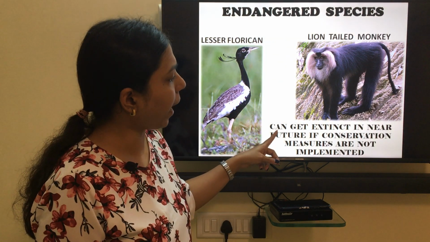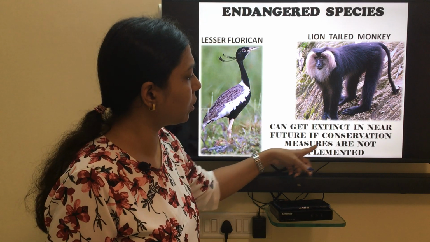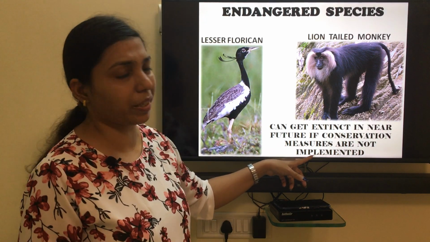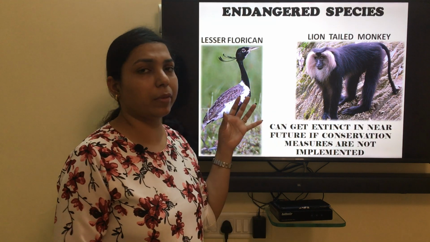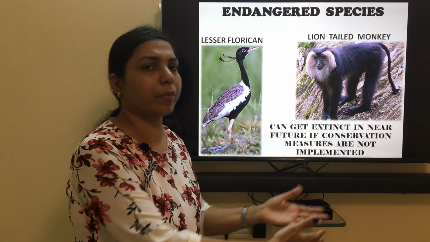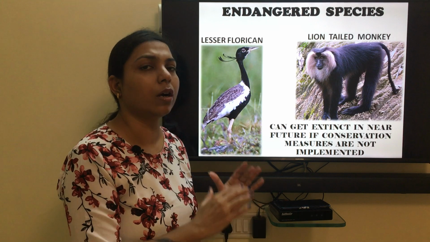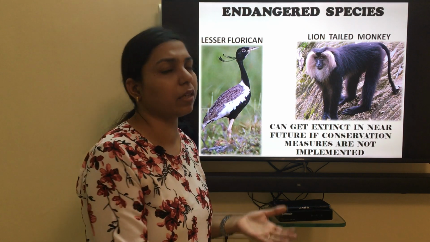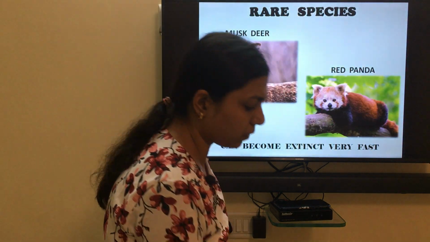Now these can get extinct in the near future if conservation measures are not implemented, which means that if we don't take care of these animals right now, if we don't preserve them, then they can get extinct in the near future. They are not extinct right now, but they may get extinct if we do not take care. So they come under endangered species.